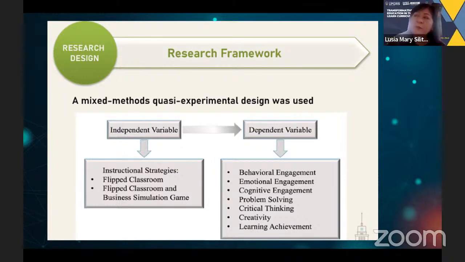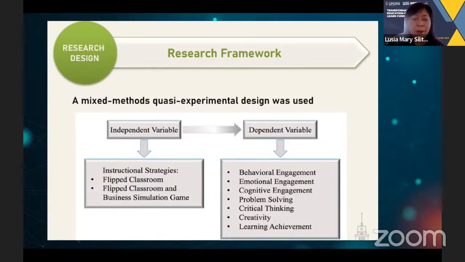Both the control group and the experimental group use flipped classroom, but for the experimental group, we give them a business simulation game. So the business simulation game is the intervention made by the teacher here. The teacher wants to know the difference in the class when they use the game and without the game.